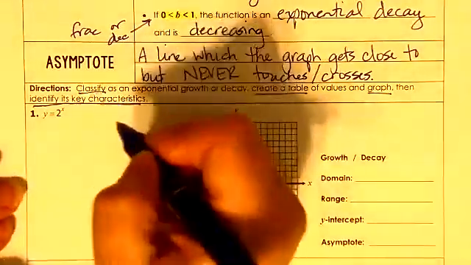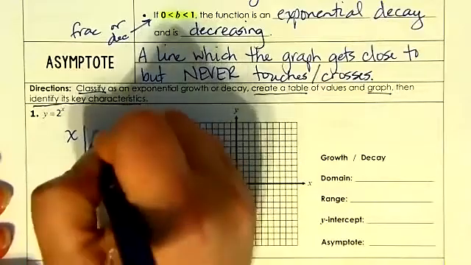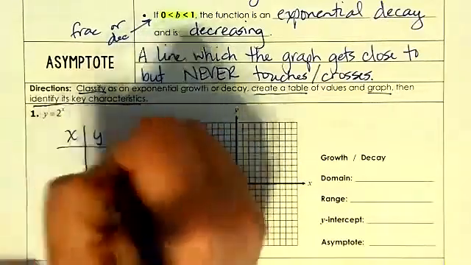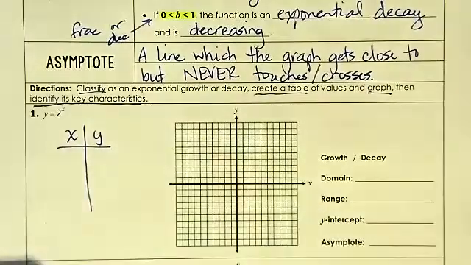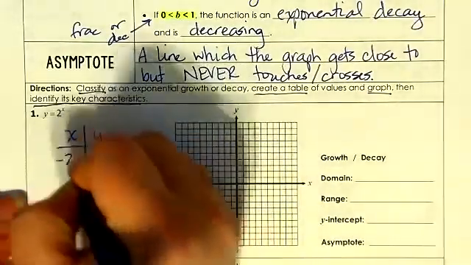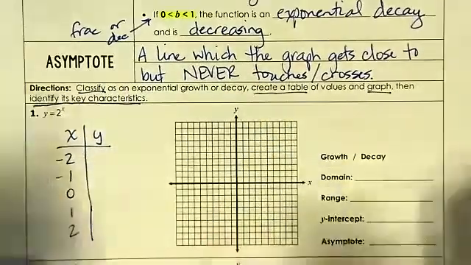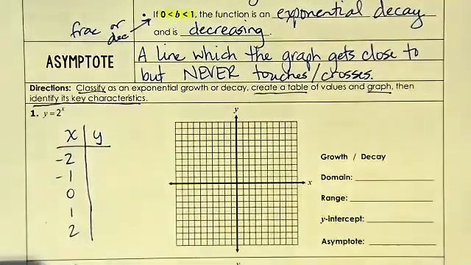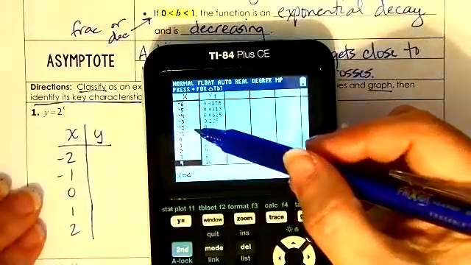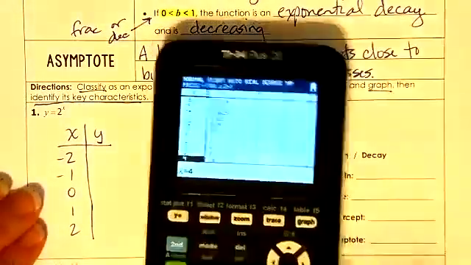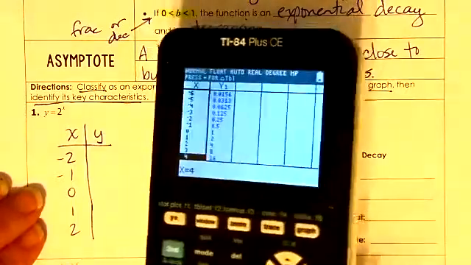So for the table of values, we're going to use -2, -1, 0, 1, and 2. Those are going to be the X values that we always use because we get to pick whatever X values we want and then plug them in. And we're going to now just look at the table of values to see what they are. And then we just write them down. You're getting the information from here.